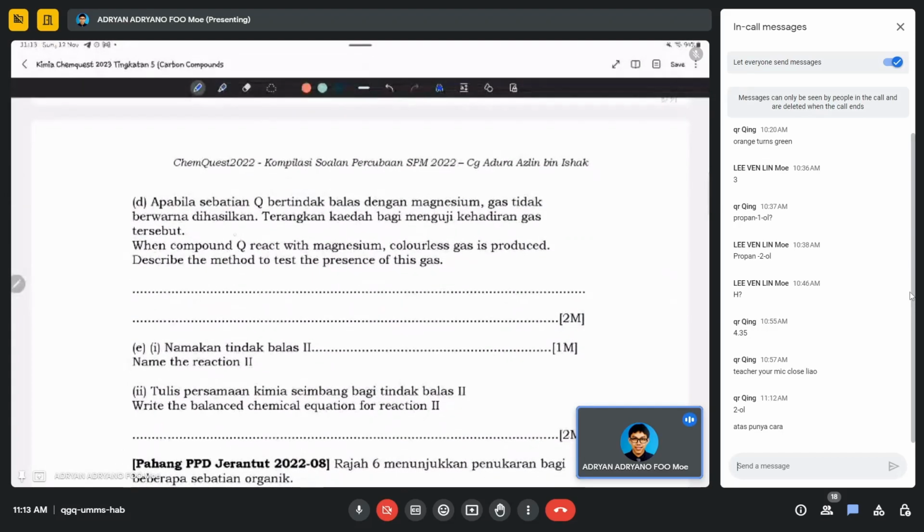Compound Q is an acid, right? Acid reacts with metal, what happens? You get hydrogen gas.